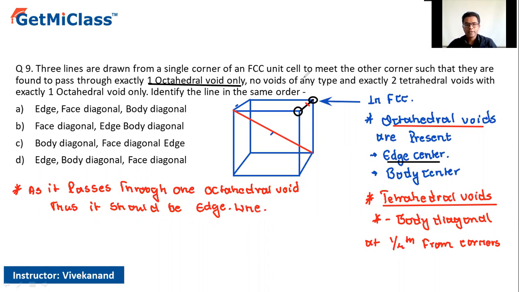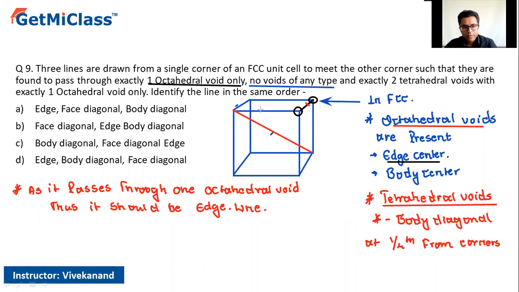Okay, it should be an edge line. Let's consider the point number 2. Now point number 2 says that one of the lines passes in such a way that there are no voids of any type.